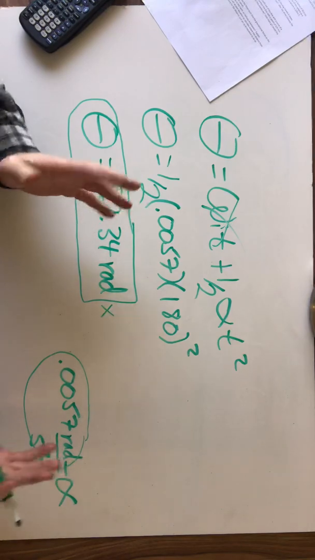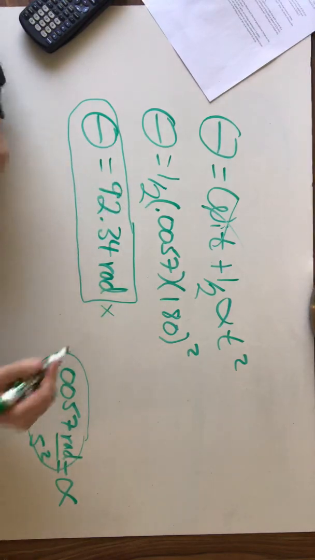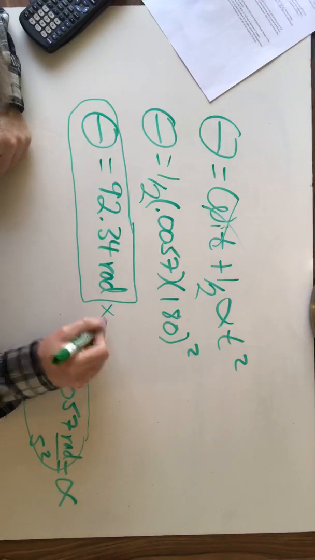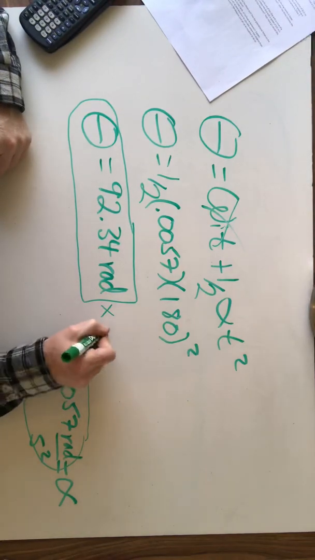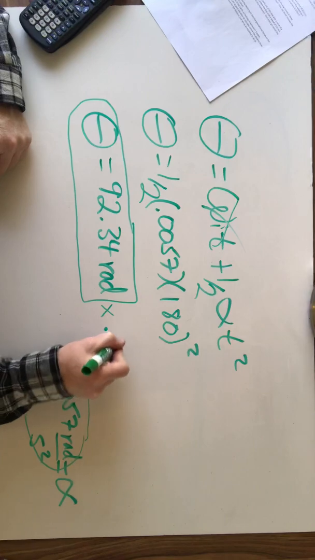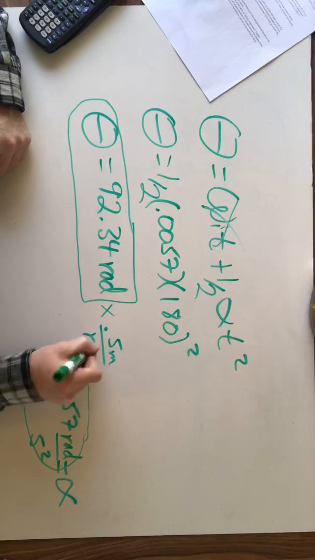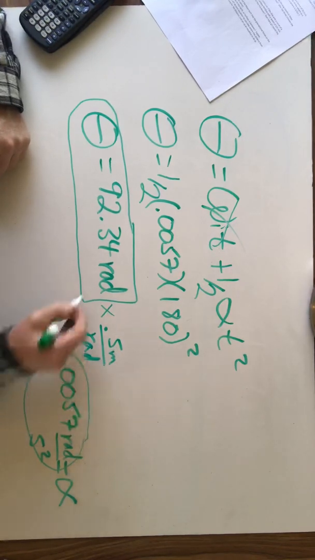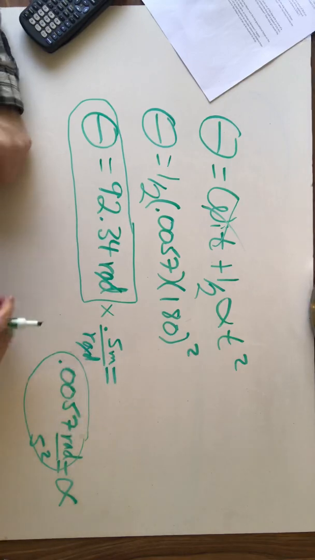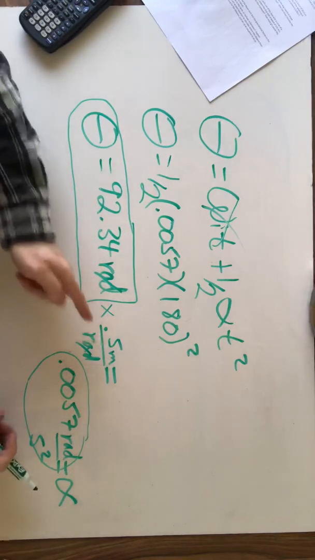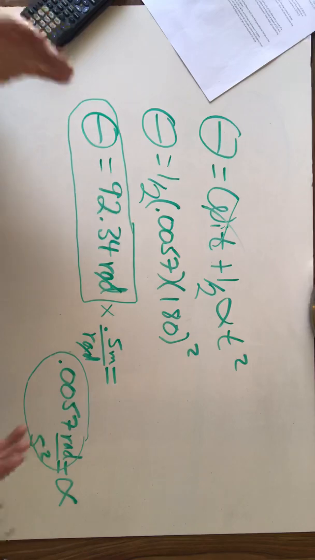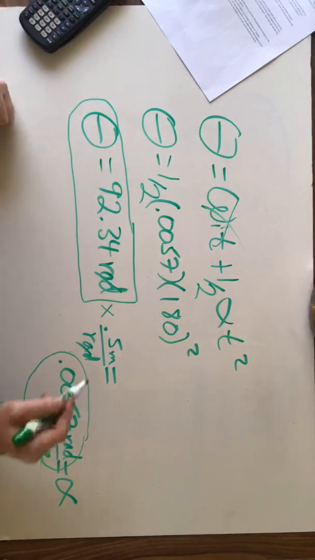Maybe a little bit less, but we'll call it 0.5 meters. All you need to do to get radians into meters is multiply by the length of the radius. It's pretty simple.